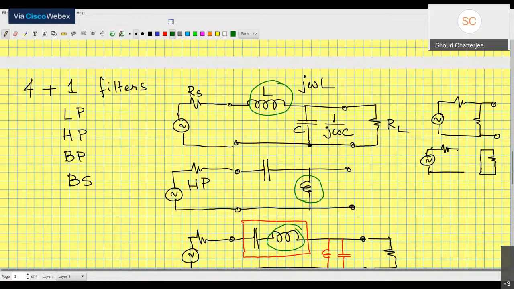Basically, the gyrator can convert an impedance to 1 by the impedance. So on one side of the gyrator you have a capacitor, which is a favorable component, and you invert that impedance with the help of a gyrator. It's an op amp based circuit, and that's how you can replace the inductor.